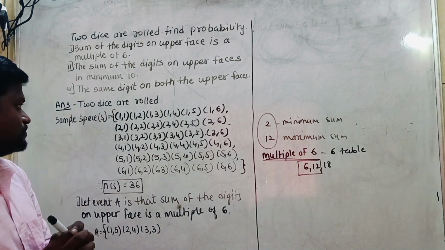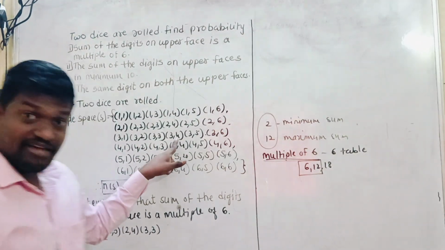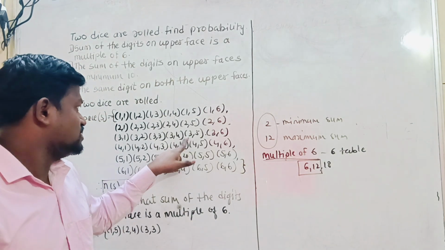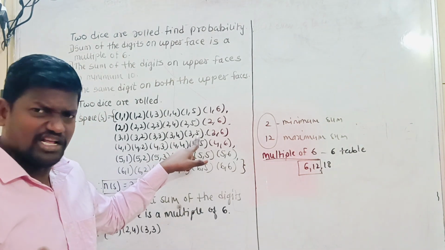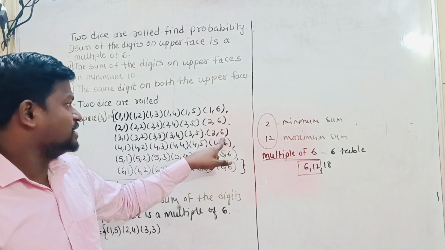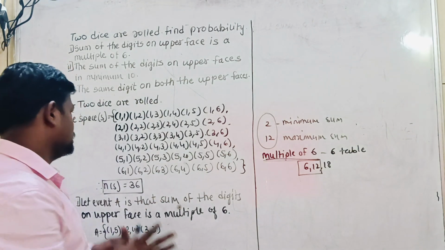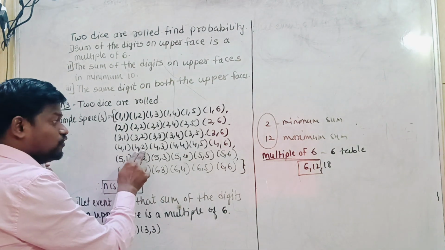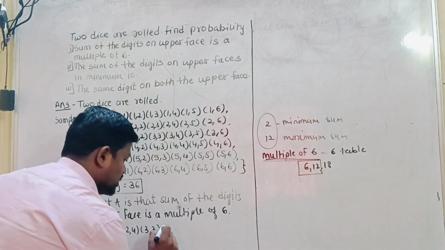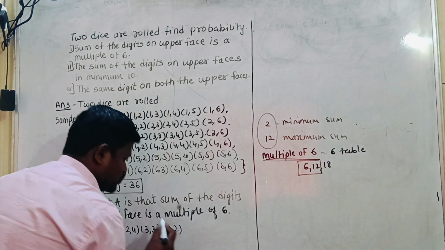Next 3 4 is 7 not in 6 table, 3 plus 5 is 8 also not, 3 plus 6 is 9 not. 4 1 is 5, 4 2 is 6. So we have to write down 4 2.